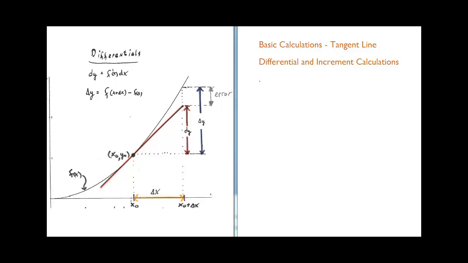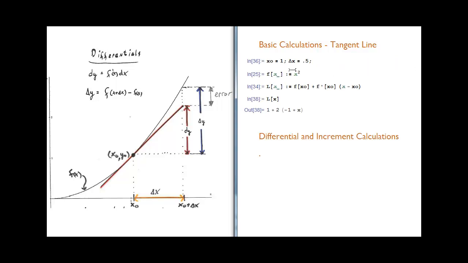Take a specific example. Let's say that we take the parabola y equals x squared, and we take x naught as being 1 and delta x as being 0.5, that is x naught plus delta x is 1.5, and we can ask what is the equation of the tangent line, which is the linearization question, and the answer to that is the linearization is y naught plus the slope times x minus x naught.